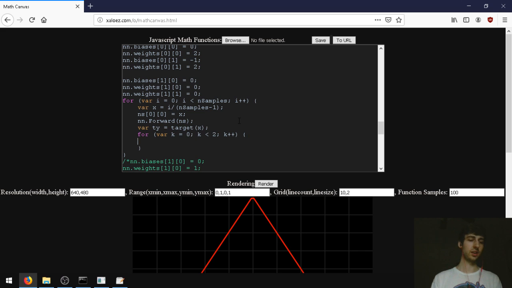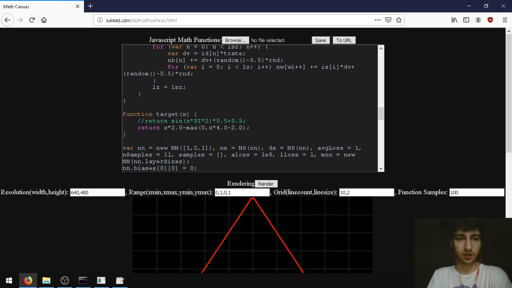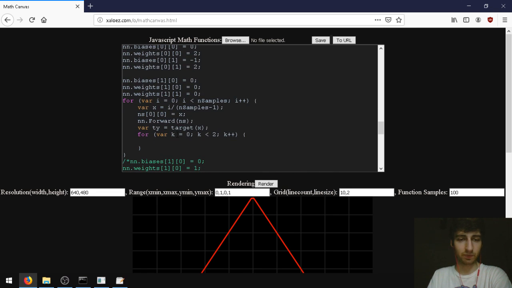So I'm just writing all of this hard-coded just for testing. This isn't actually going to work for all neural nets. I'm just testing it for this specific neural net. This would be weights 0 plus equals, I think it's NS1.